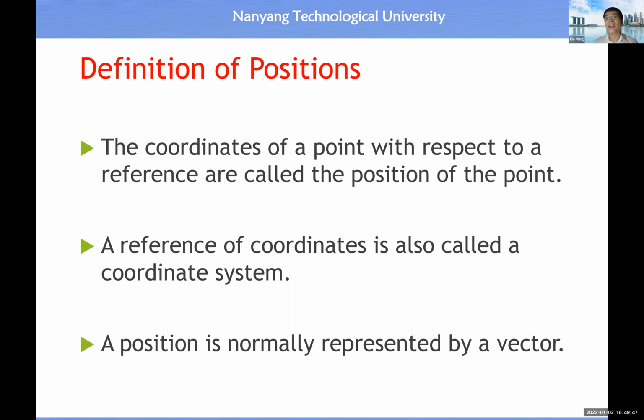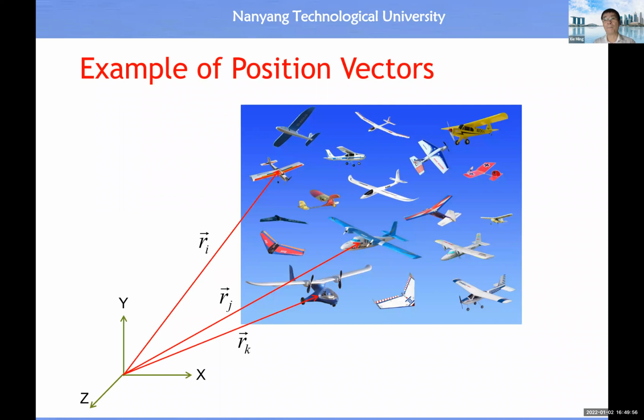all right? Then inside the coordinate system, we can use a vector to represent a position in general, all right? For example, in the three-dimensional space, we have a global coordinate system. Then for each rigid body inside the physical world, we could define a position vector. And there is a background knowledge. This is a convention in the study of a mechanical system. We normally assign a local coordinate system to each rigid body.